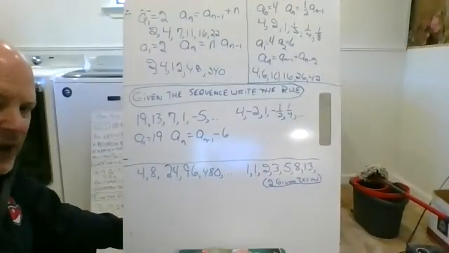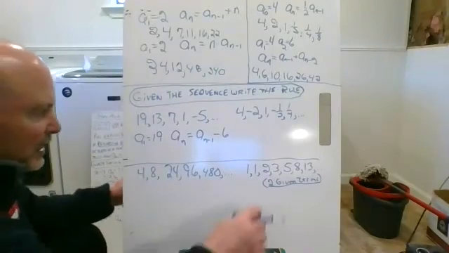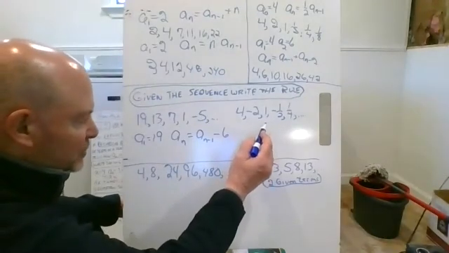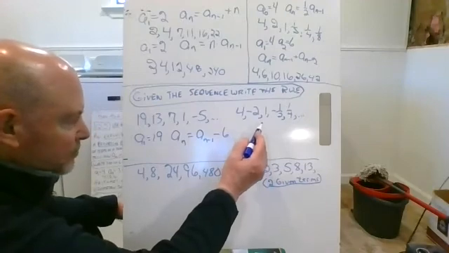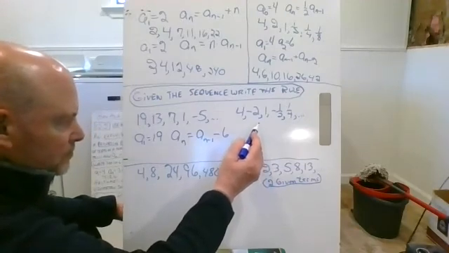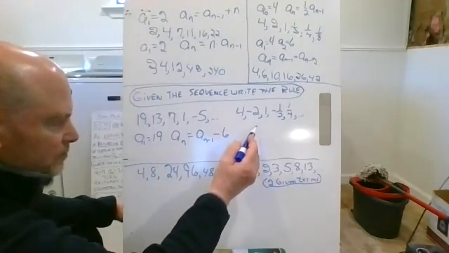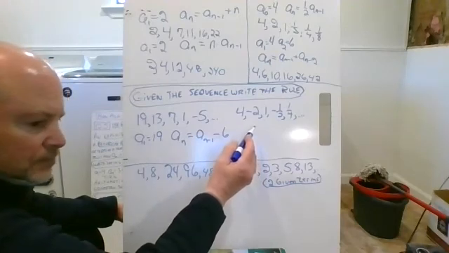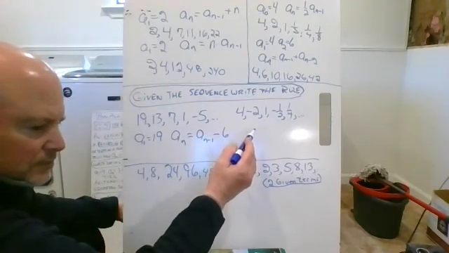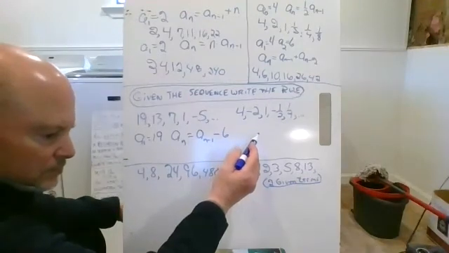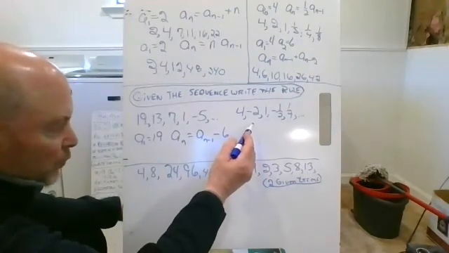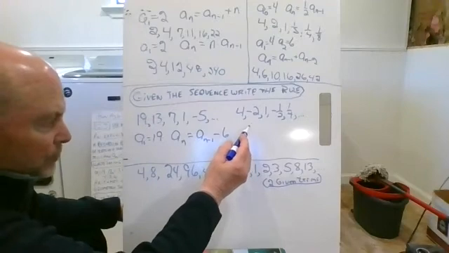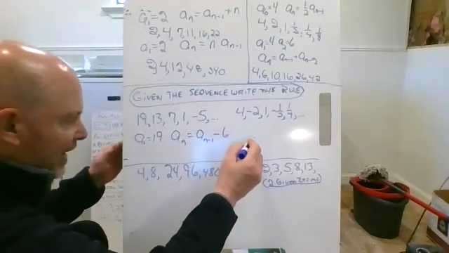Okay, that was arithmetic. Let's look at this one. What type of sequence is this one? Do you see it? It's geometric with what ratio? -1/2.